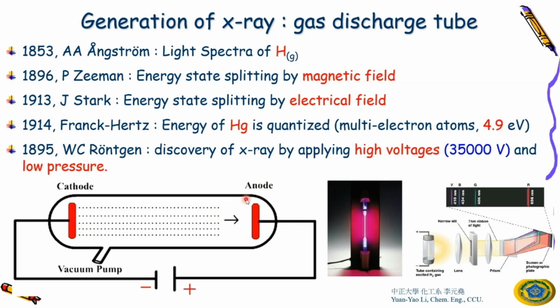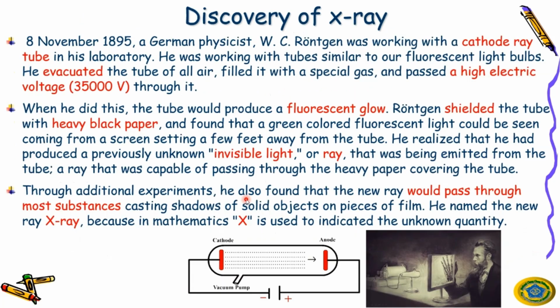He found something strange. In the past, light always came out, which is not special. But when he covered this gas discharge tube with heavy black paper, he still found something coming out, which you cannot see.